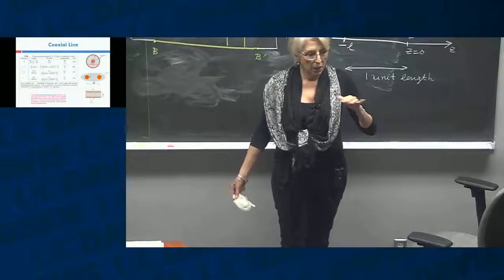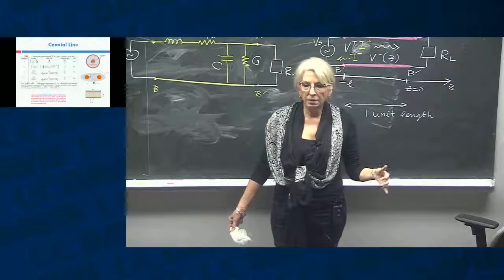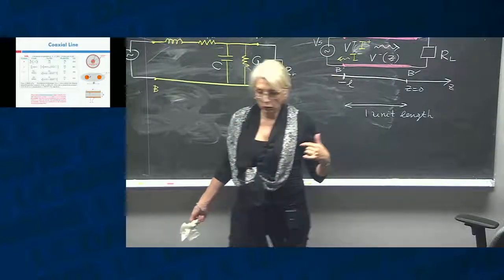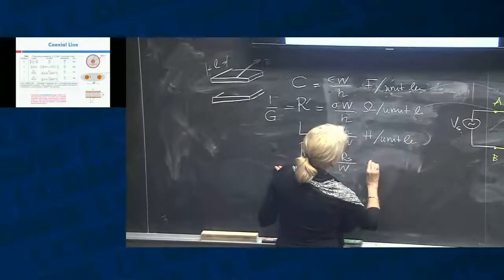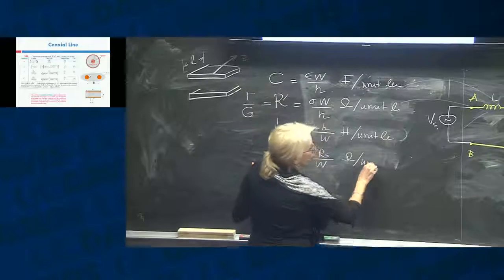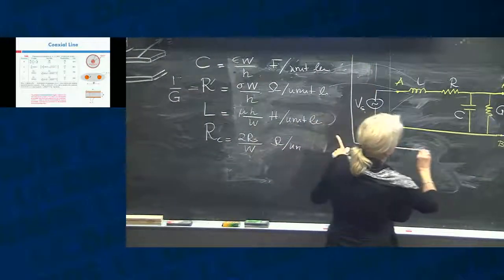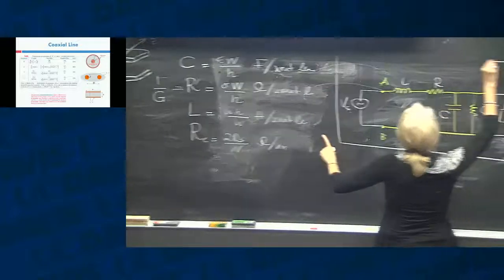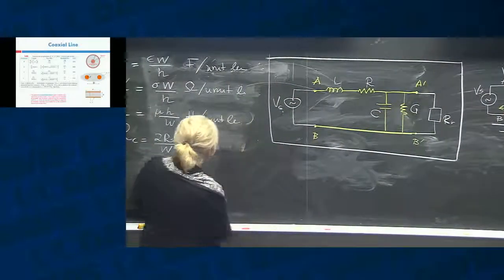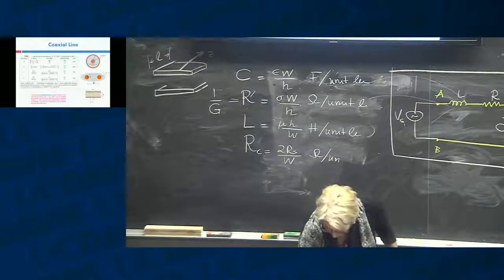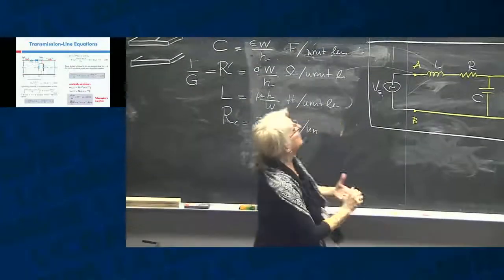So for any given conductor, this is given as part of its specs. So you don't have to calculate it. All right, so all of this is going to be in ohms per unit length. By doing that, practically you have defined this one.